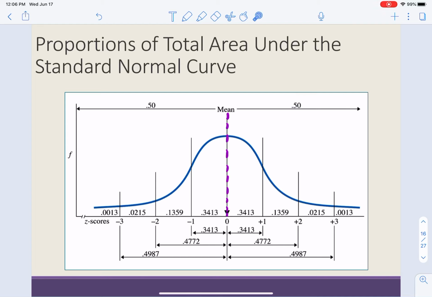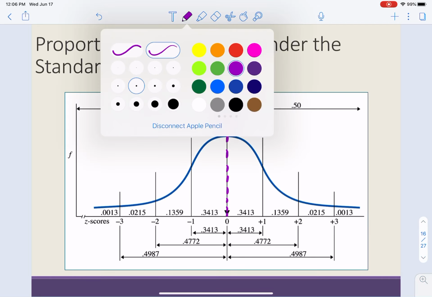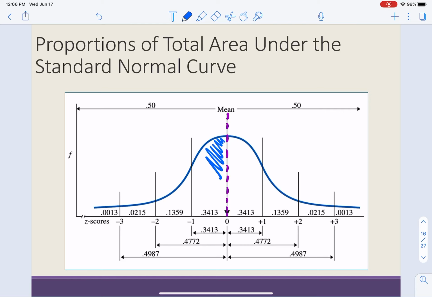And all this is telling you is where the percentile mark is for every standard deviation you go out. So one standard deviation away from 0 makes up 34% of the data, right? So this area right here makes up 34%.